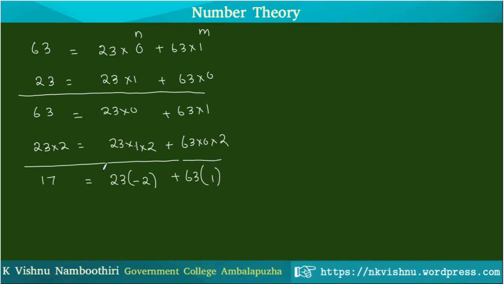But if you observe carefully, only on the left side are we multiplying and subtracting. On the right side we have 23 into something, 23 into something. So 23 is common, and therefore we are manipulating only the multiplied factors. We need not write 63 and 23 each and every time.